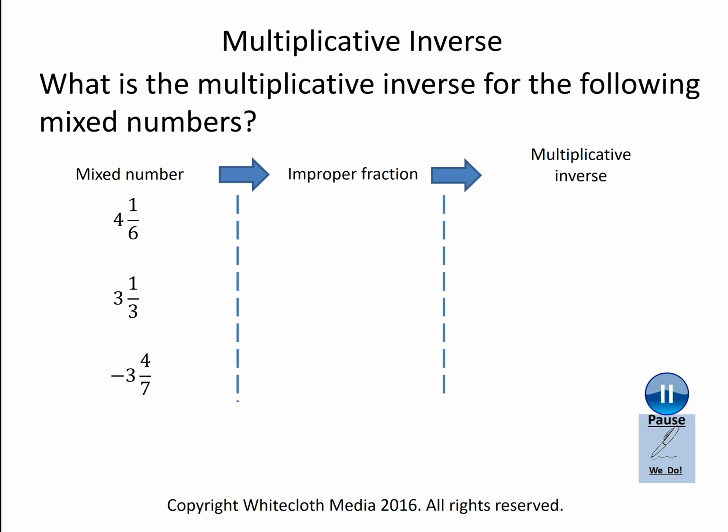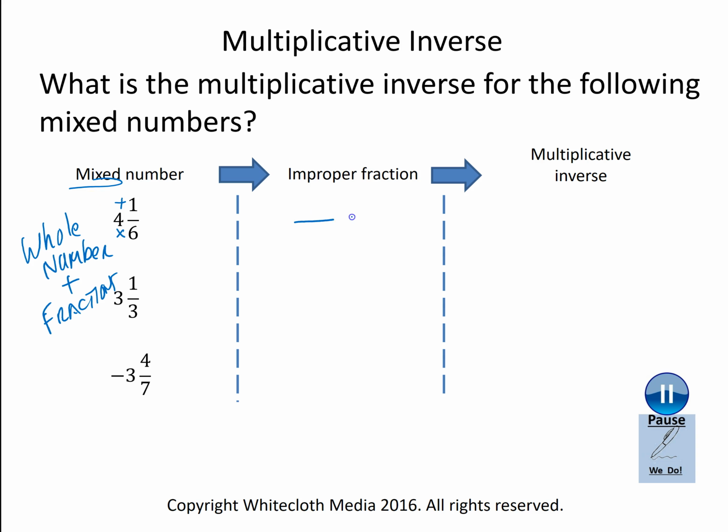Okay, so my mixed number, meaning I have a whole number and a fraction, that's why it's called mixed. It has a whole number plus it has a fraction. So we call it a mixed number. Well, how do you do that? Well, what you do is you take your 6 and multiply by 4, and then you add 1.